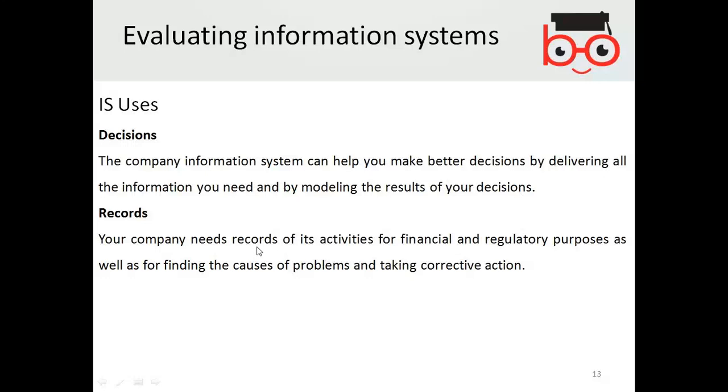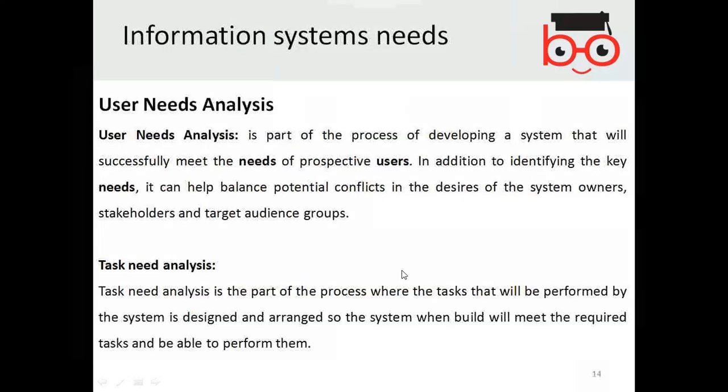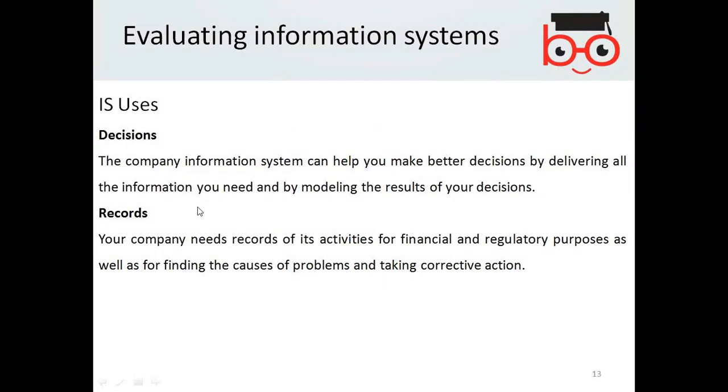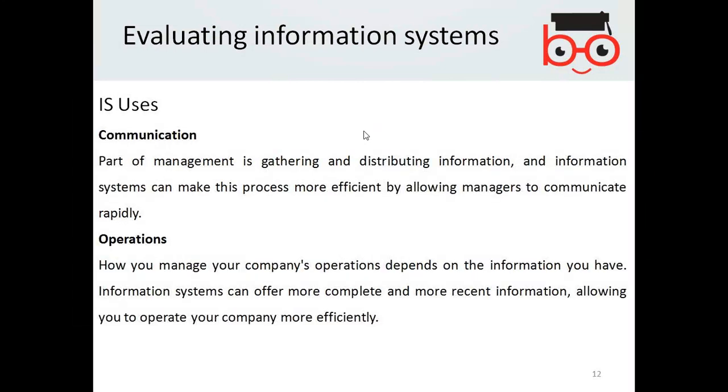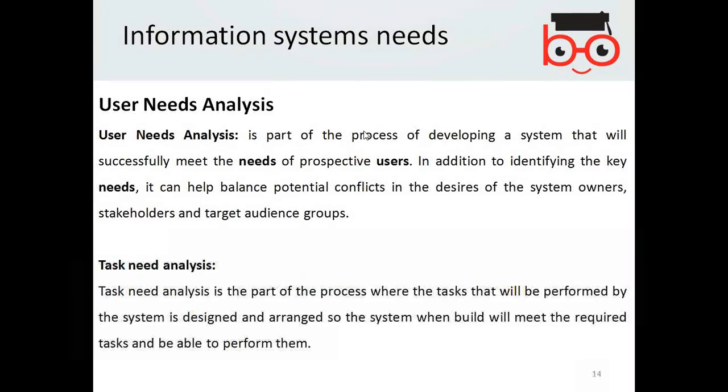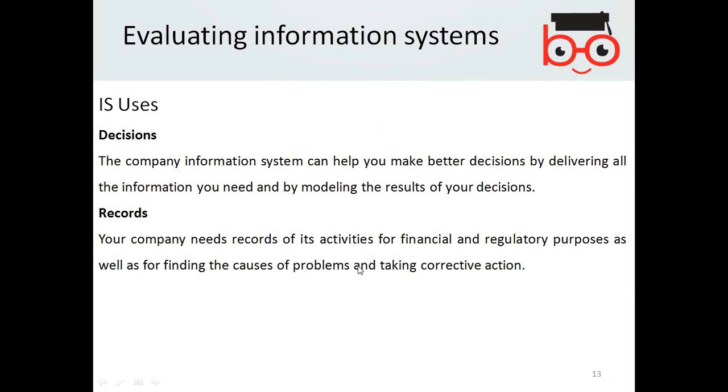Records. Your company needs records of activities for financial and regulatory purposes, as well as for finding the causes of problems and taking corrective actions. So information systems are not only used for decisions, operations, and communications, but those records are also used to store the financial history.